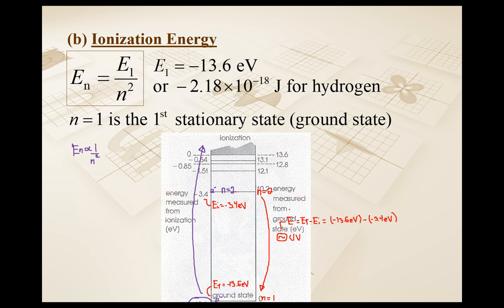That gives you a negative number, so I would put the absolute value sign around that. When you do this, it would give you negative 10.2, but we just take the absolute value, so it's 10.2 eV. So that's how we can use the ionization energies from the different stationary states to predict the energy of a photon being emitted.